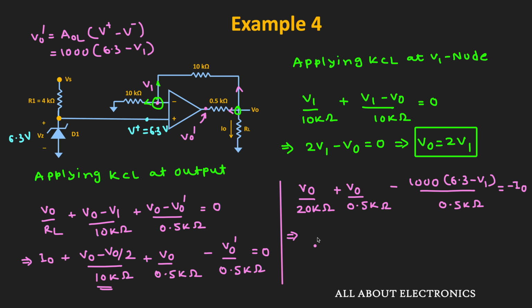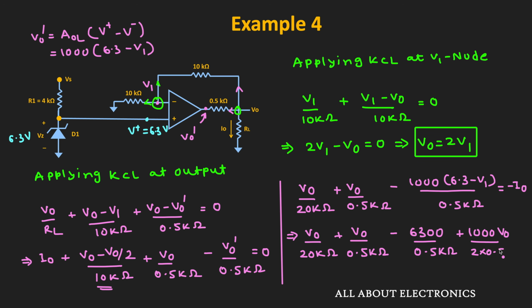If we simplify it, then we can write it as V0 divided by 20 kilo ohm plus V0 divided by 0.5 kilo ohm minus 6300 divided by 0.5 kilo ohm plus 1000 times V1, that is 1000 times V0 divided by 2 times 0.5 kilo ohm, that is equal to minus I0.